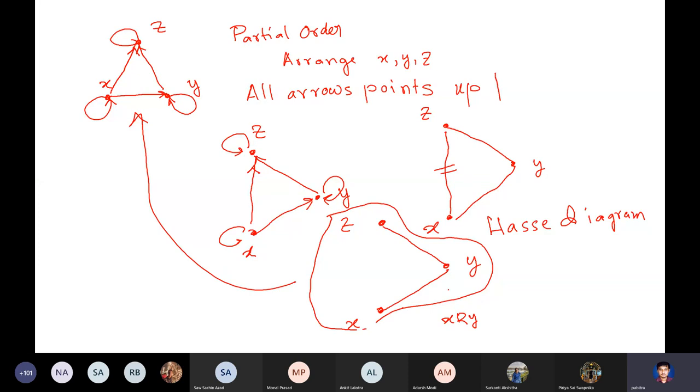They basically represent this graphical structure.